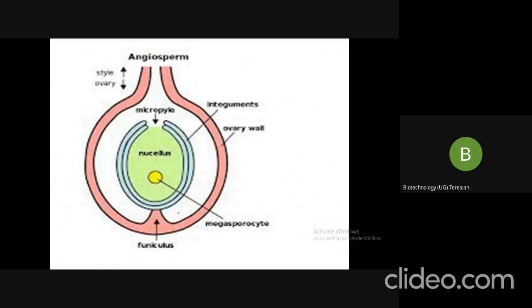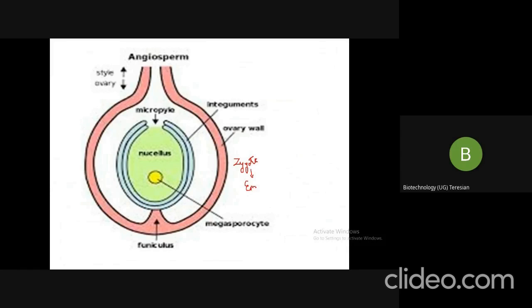After fertilization, a single zygote is formed, which ultimately leads to the formation of the mature embryo. So when this undergoes fertilization, what is being formed? A zygote is being formed, which then matures into an embryo.